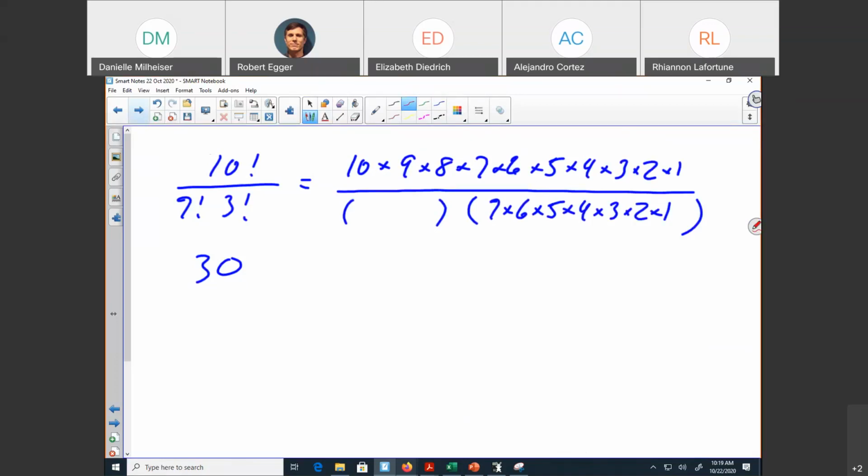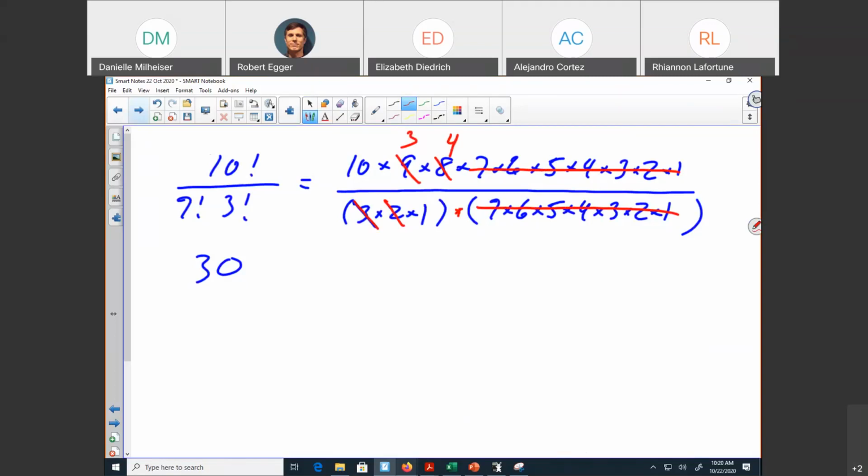Of course, all of these numbers will cancel out all of those numbers. Oh, I goofed. It's not 30. I made a slight boo-boo there. That 3 will cancel out that, that cancels out that.